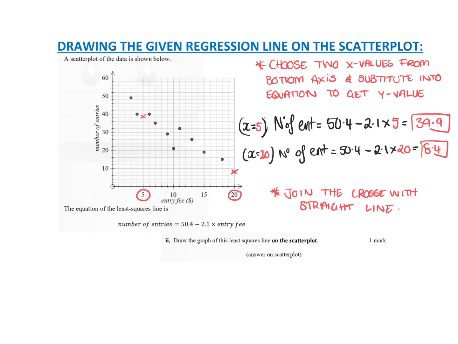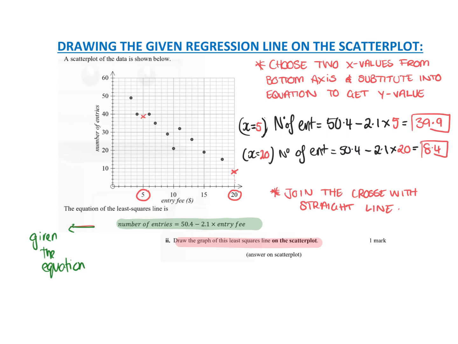Okay, the next bit is a bit more common to happen in your exams, and probably could happen in a SAC. What they have given here is the least squares equation. So we've been given the least squares equation, and we're asked to draw it on the graph.